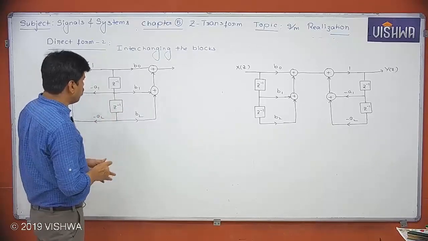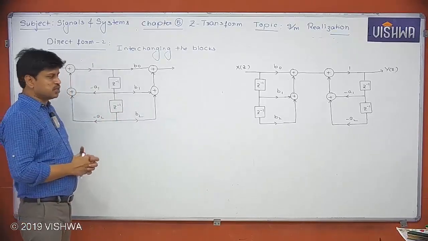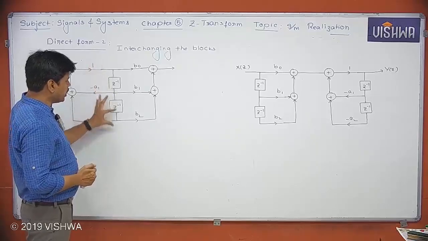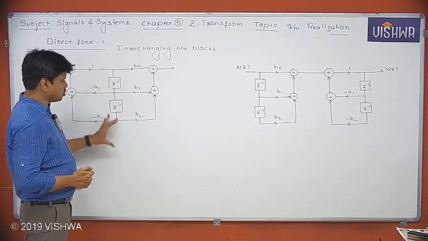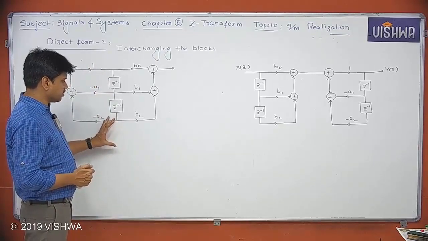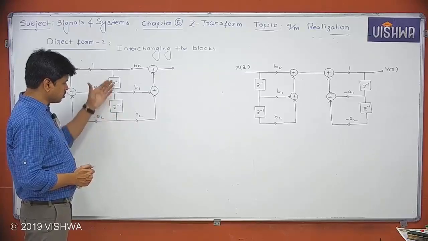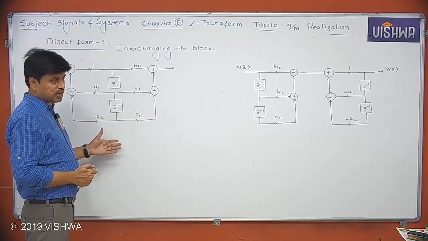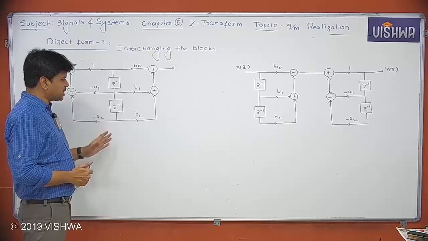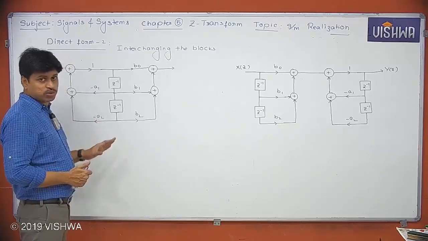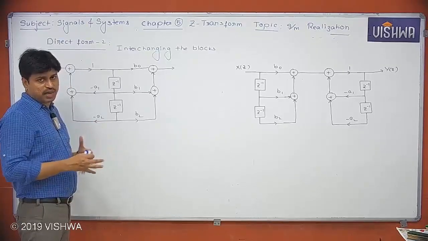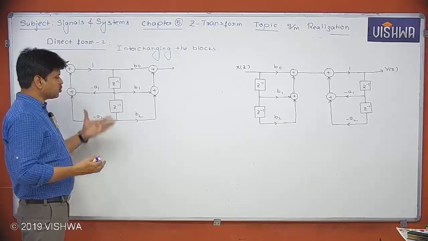So how many delay elements are required? If more zeros are there, that many delay elements are required, and if more poles are there, that many delay elements are required. I can simply say, whichever of zeros or poles has the maximum number, that is the number of delay elements.